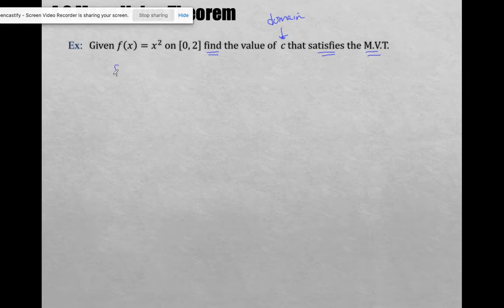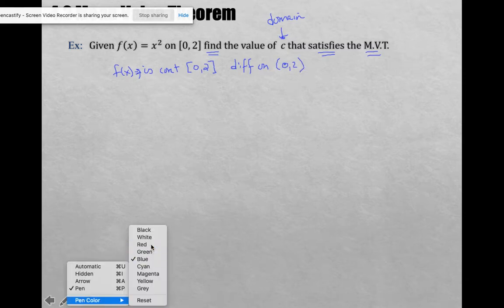Well, hello, I have a function, right? Function notation. X squared is continuous everywhere, so it is certainly continuous on the closed interval. X squared is a polynomial, so it is certainly differentiable everywhere, which means it is differentiable on the open interval.